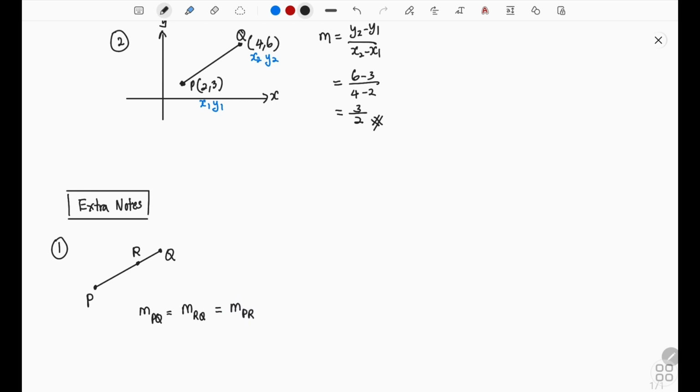Why? Actually, it makes sense because your point R is on the line PQ. That's why all of them will be sharing the same gradient. The steepness is the same.